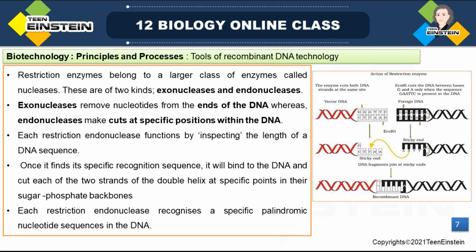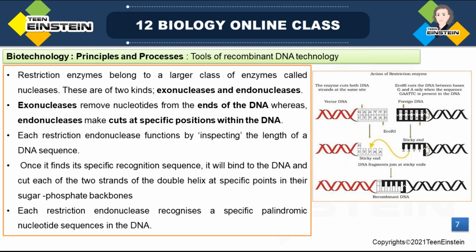This restriction endonuclease inspects or checks the length of the DNA sequence. That's how it functions. So how is it functioning? The restriction endonuclease is checking the length of the DNA sequence, and that's how it works.